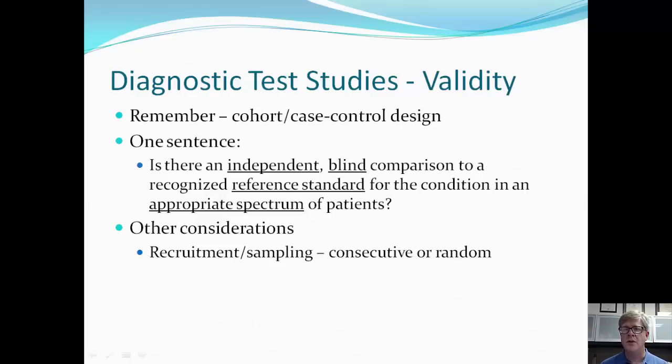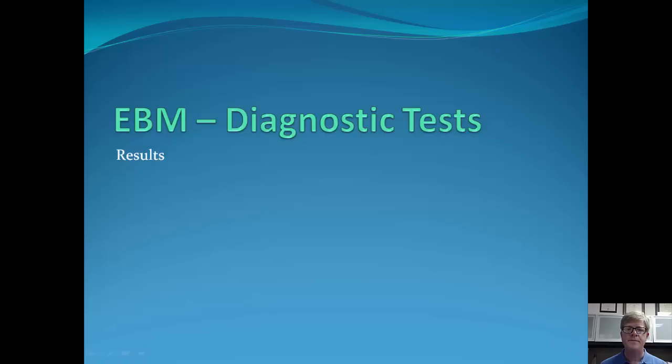If you're the only one doing the research and you're only doing research during your shifts, and maybe you happen to have the day shift, you might not get a good spectrum of patients coming into your emergency room to test, and so your results might be biased that way. Random sampling might be sampling from a big population, and you just pull people in at random that might have this diagnosis and include them in the study. So either consecutive or random sampling, not convenient sampling, which would be the bad way to do the sampling.